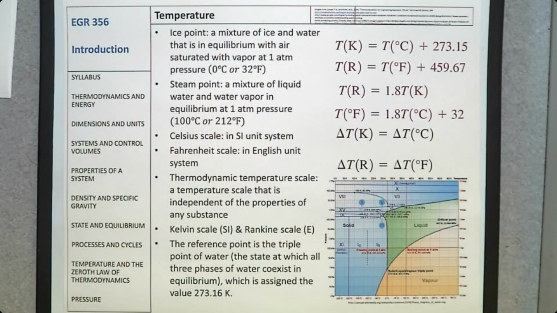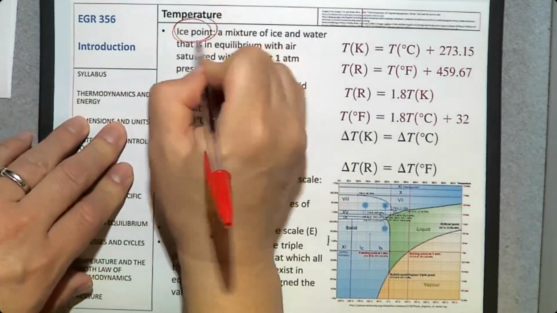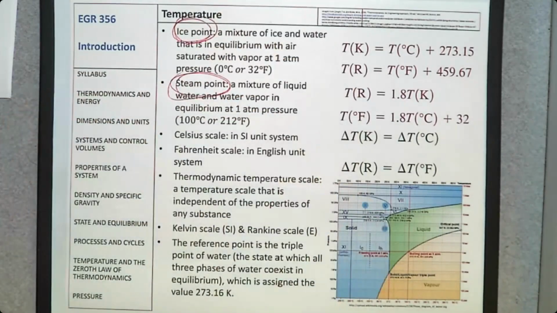So the next slide is temperature. We usually have 2 points. The first one is ice point. The other one is steam point. Ice point is when water becomes ice, right? Not necessarily, because this ice point depends on the pressure.